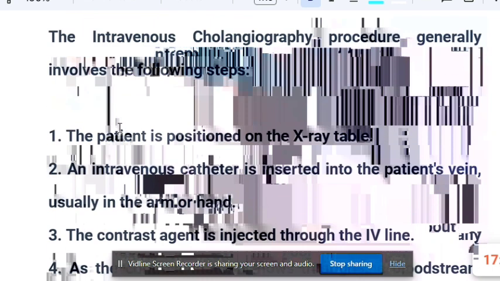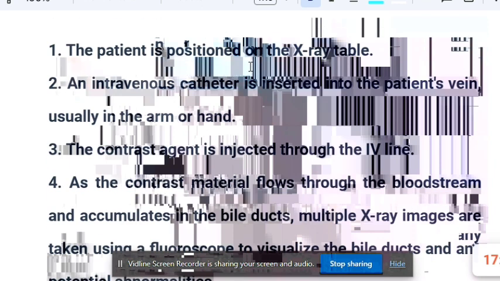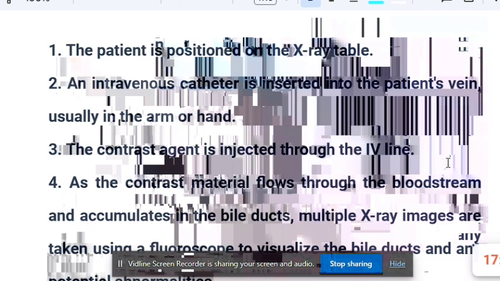Full procedure. The intravenous cholangiography procedure generally involves the following steps. The patient is positioned on the X-ray table. An intravenous catheter is inserted into the patient's vein, usually in the arm or hand, as we do in intravenous pyelography. Similar method of injecting the contrast agent. You have to puncture the vein, not the artery.